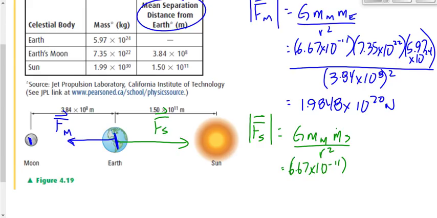That should be not the mass of the moon and the sun, the mass of the Earth and the sun. Mass of the sun is 1.99 times 10 to the 30. Look at that. 10 to the 30. That's 10 to the 6 times bigger than the mass of the Earth. It's 100,000 times. The sun is 100,000 times heavier than the Earth is, even though it's all made up of gas.